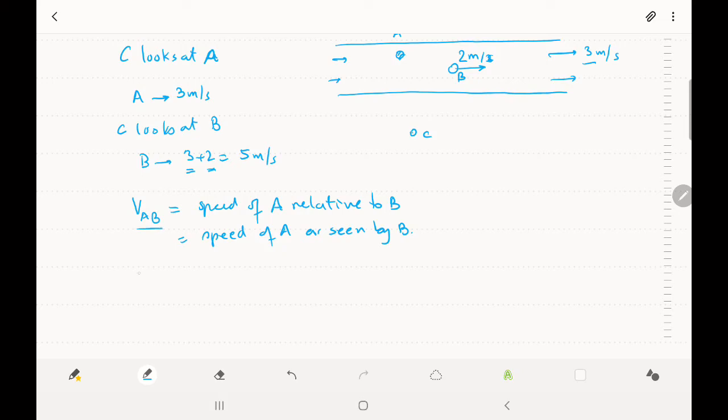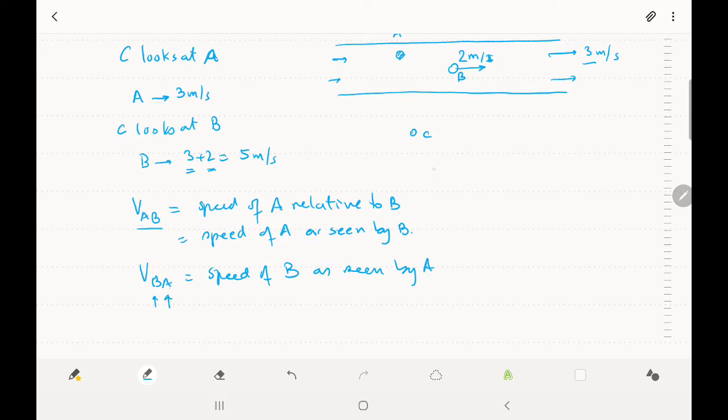And similarly, VBA will be the speed of B as seen by A. So with this notation, the first term is the speed of the object and the second is as seen by, or relative to, the second one.